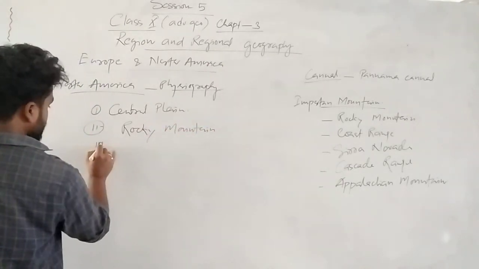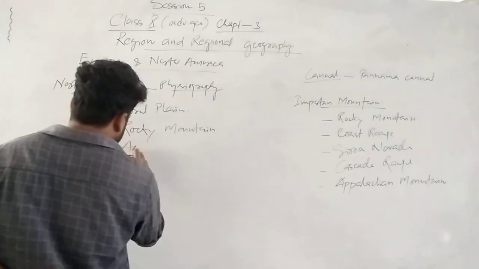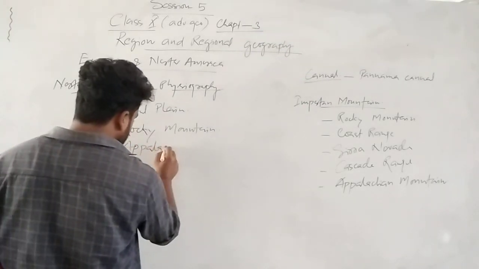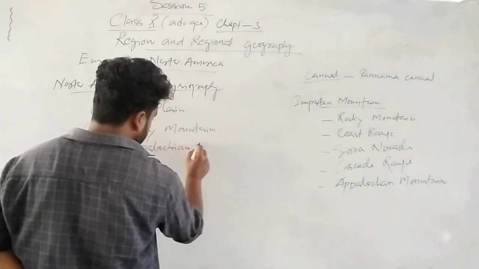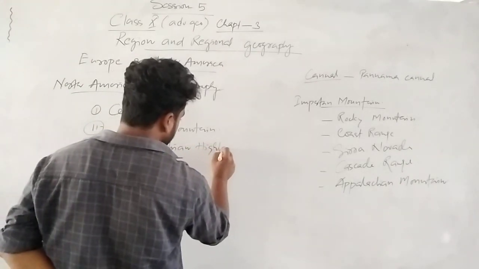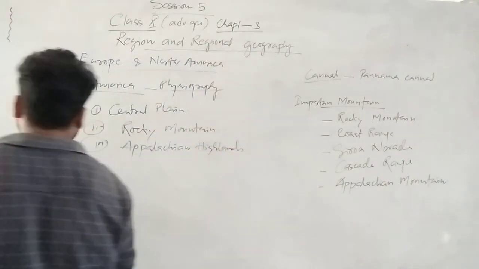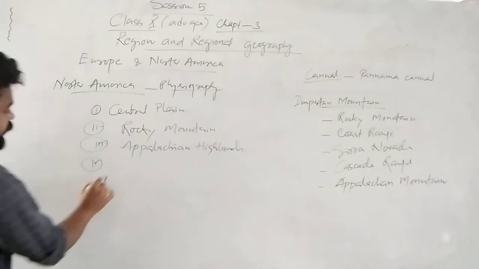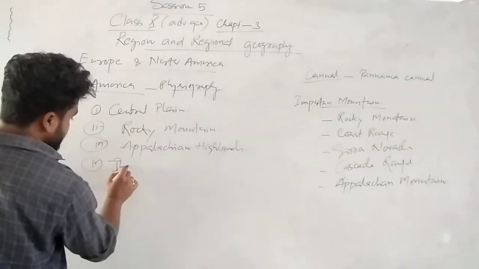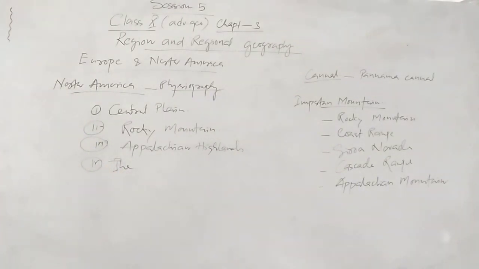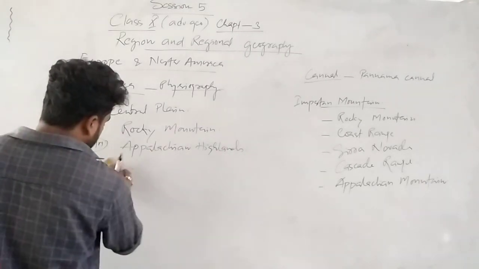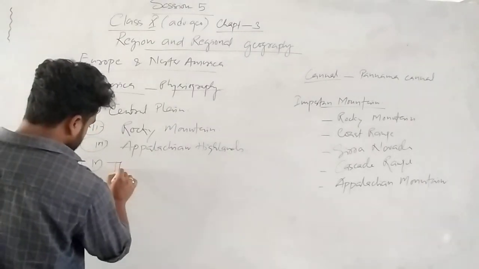And number 4 is the Appalachian Highlands. Number 4 is the island groups you can consider, but generally we don't consider the fourth one. We discuss only 3.